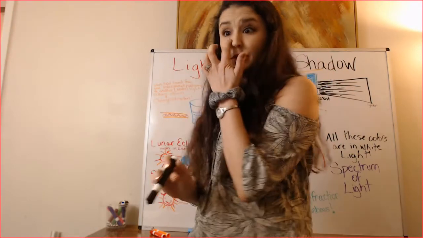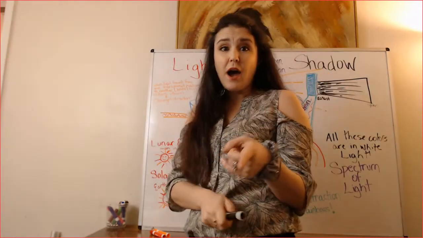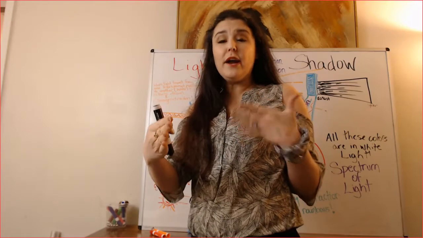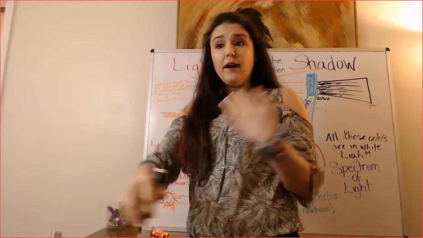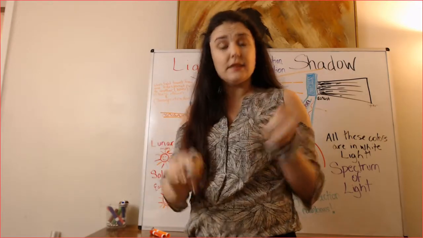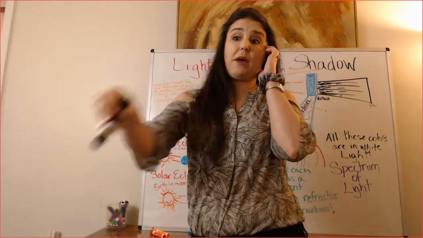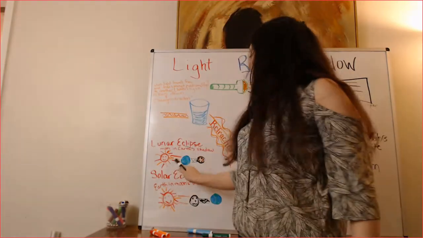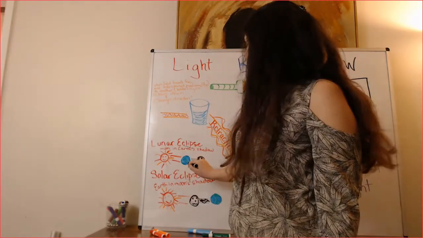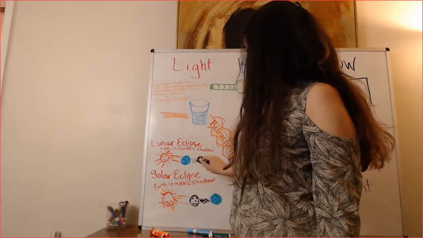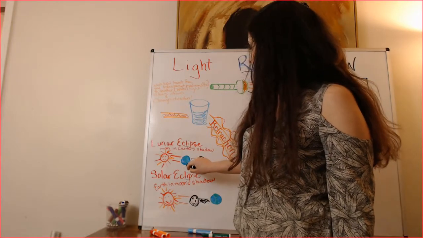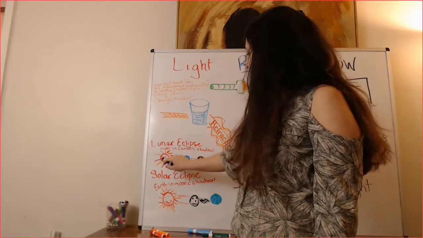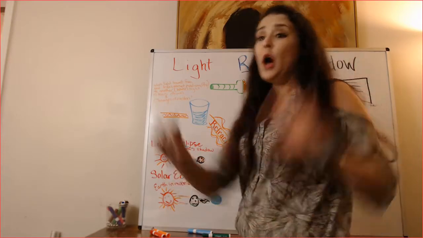Okay, so there's very special times where, because of where they are in their orbit, remember, the orbit is just the path they take to revolve around the sun or around the earth. They line up just right so that in a lunar eclipse, the moon falls in the earth's shadow. So the sunlight comes down, but the earth blocks it.